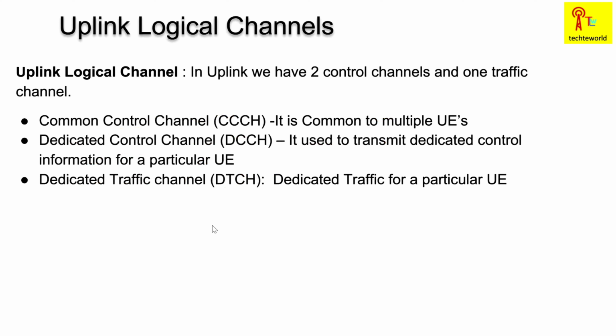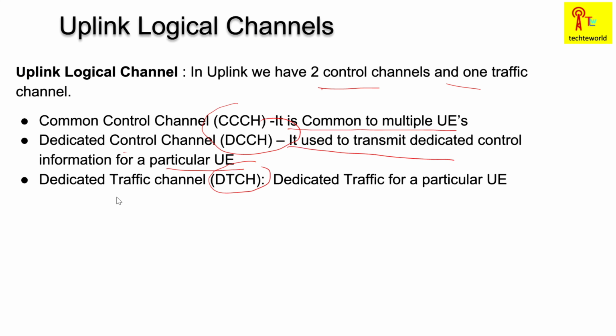uplink logical channels. As we know, there are certain channels on the uplink side also in the logical part. In uplink we have 2 control channels and 1 traffic channel. The 2 control channels are the common control channel, CCCH, which is common to multiple UEs, and similarly the dedicated control channel, which is used to transmit dedicated control information to a particular UE.